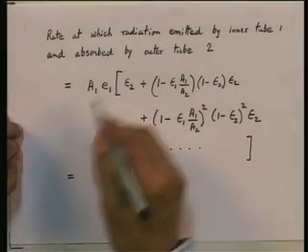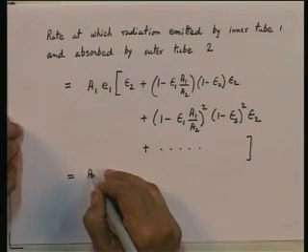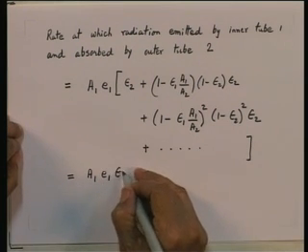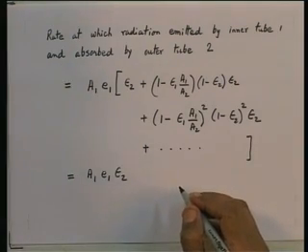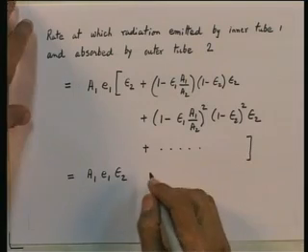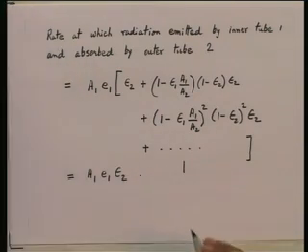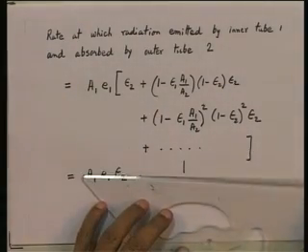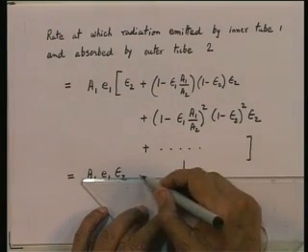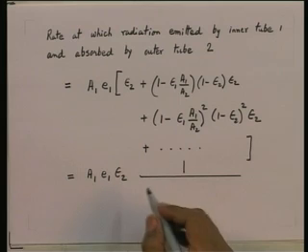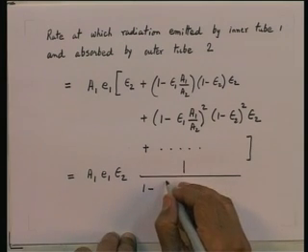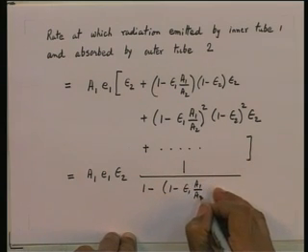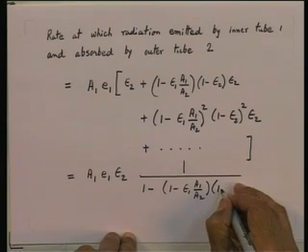We can take epsilon 2 also outside. So, we get A1 E1 epsilon 2, and inside the bracket we will get a geometric progression, and if you sum up that geometric progression, it is a very simple one, you will get 1 upon 1 minus epsilon 1 A1 by A2 into 1 minus epsilon 2.